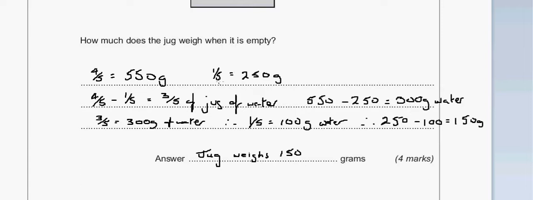So that's the weight of the jug at 4/5, subtracting the weight at 1/5, which proves that we've got the 300 grams of water. So that's 3/5 of the jug. So 1/5 of the jug would only contain 100 grams of water. So the remainder of that 250 grams must be the weight of the jug, which is 150 grams.